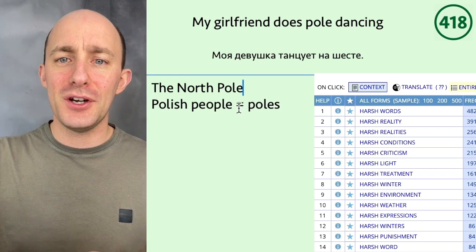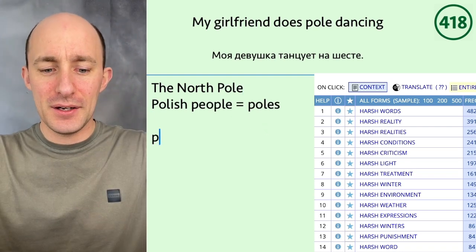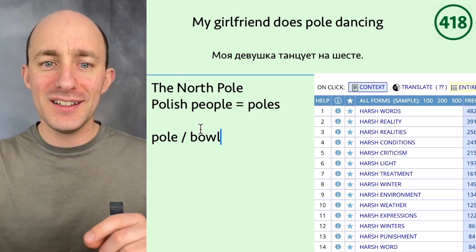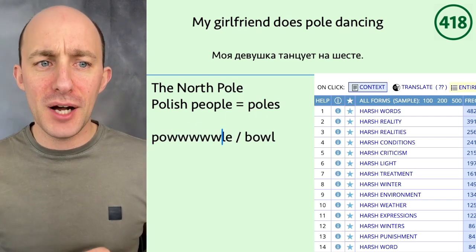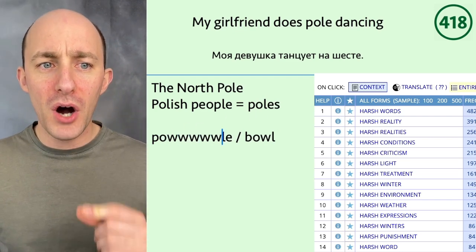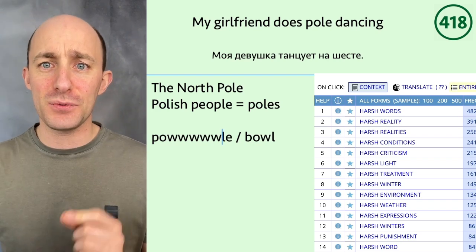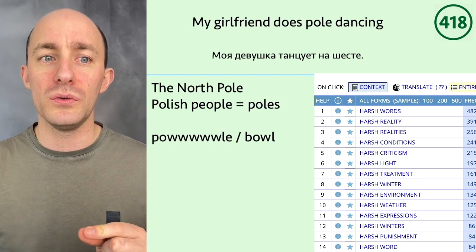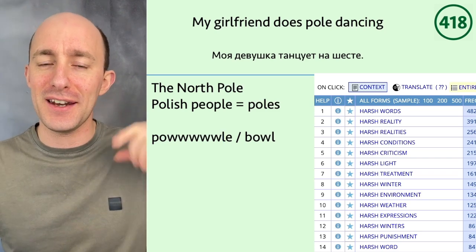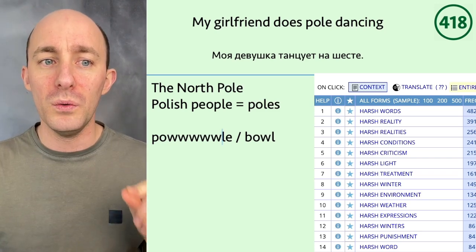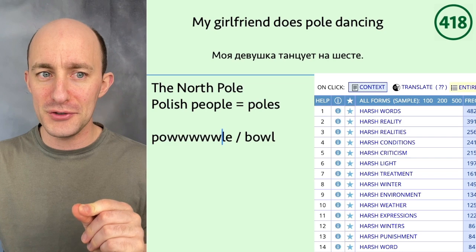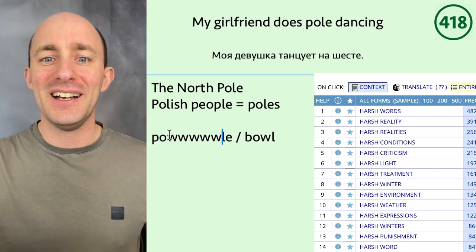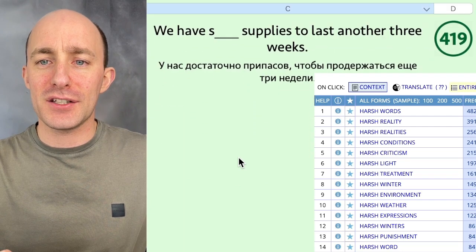When you pronounce this word, just remember pole rhymes with bowl, and it has a lot of W in it. The main sound in this word is the W sound. You've got to hold it. Pole. Just then a little L at the end. Lots of W when you say pole. Okay, the next one.